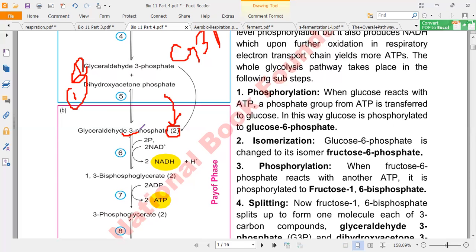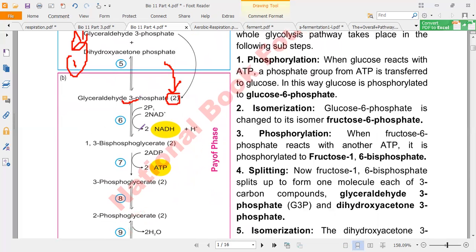Then in the payoff phase, this G3P is going to change into 1,3-bisphosphoglycerate, which involves a dehydrogenase and phosphorylation process. Dehydrogenation means an oxidation process, and that phosphorylation is also called oxidative phosphorylation, because oxidation is done here.